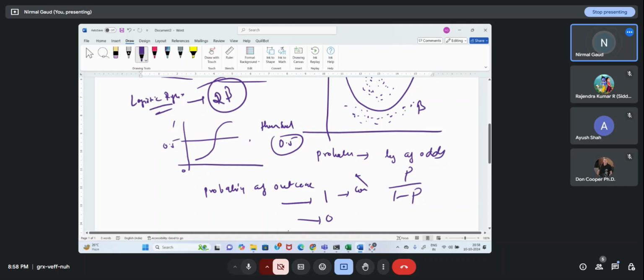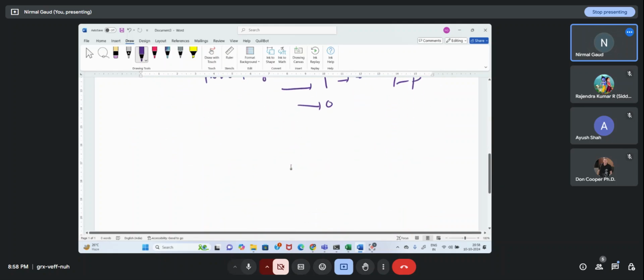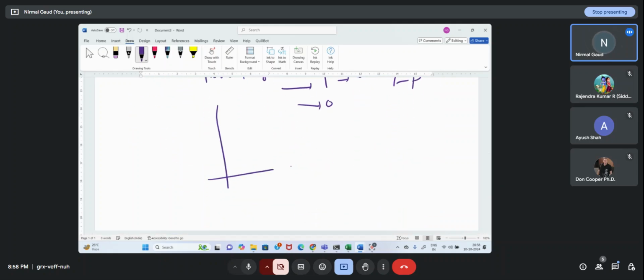So probability. We are not specially creating a line, as I did with the non-linear thing. That's not what we are doing. We do have a sigmoid function, and this is 0, this is 1, this is 0.5, and this is your x, this is your y.